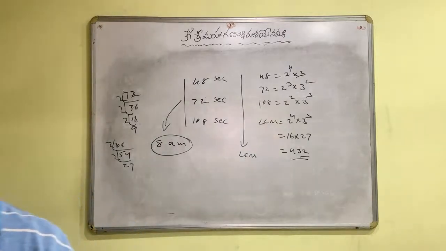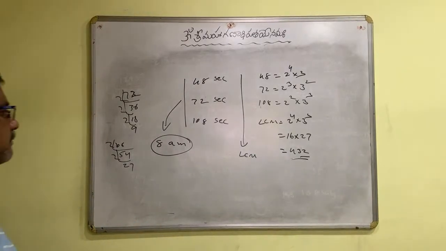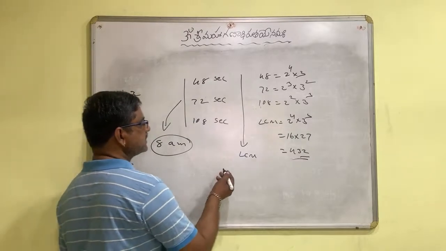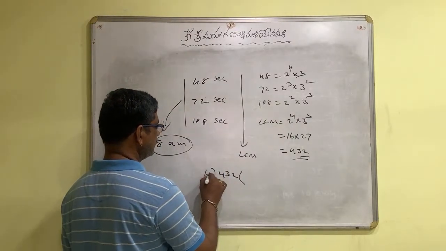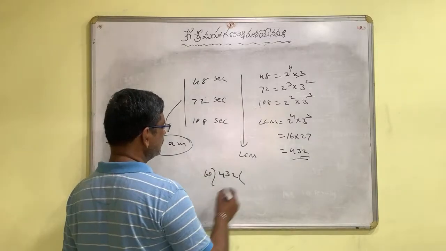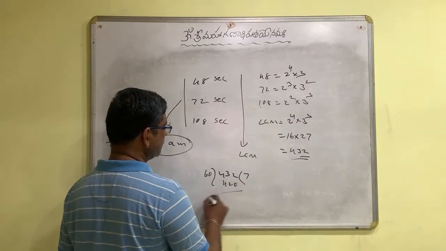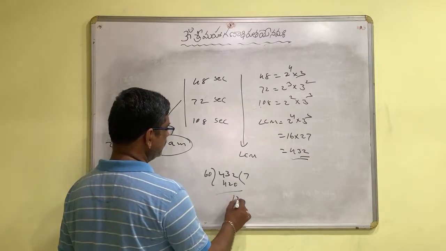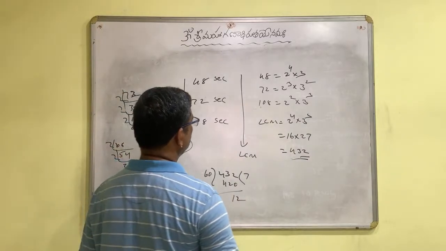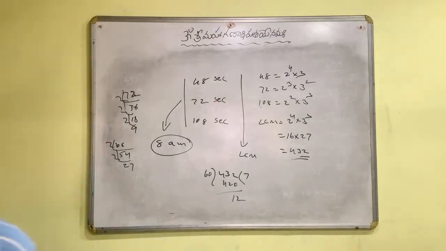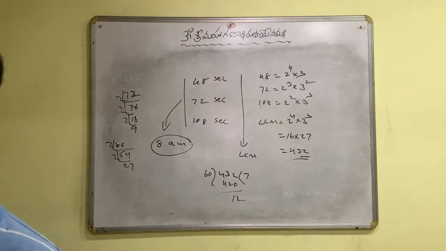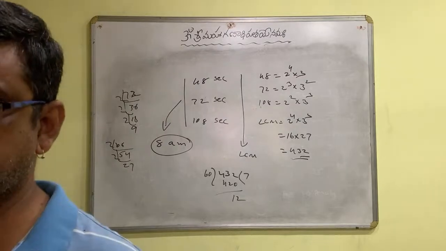Now 432 by 60, how much is that? 6 sevens are 420. 1, 2. So 7 minutes, 12 seconds. Correct.